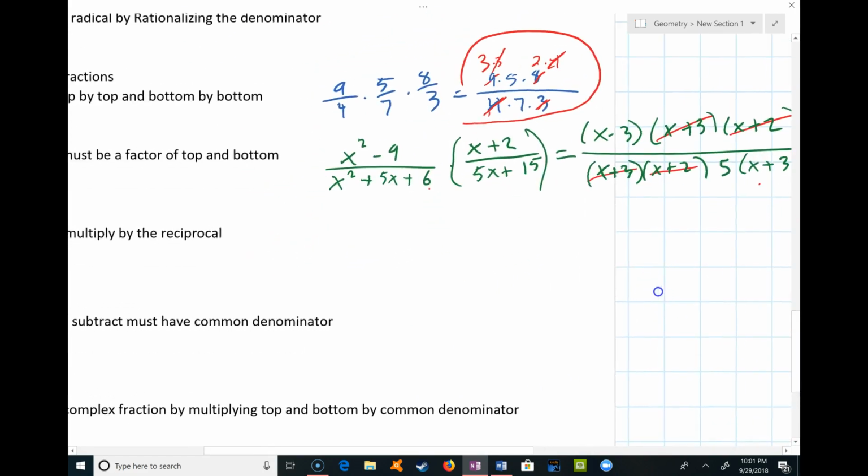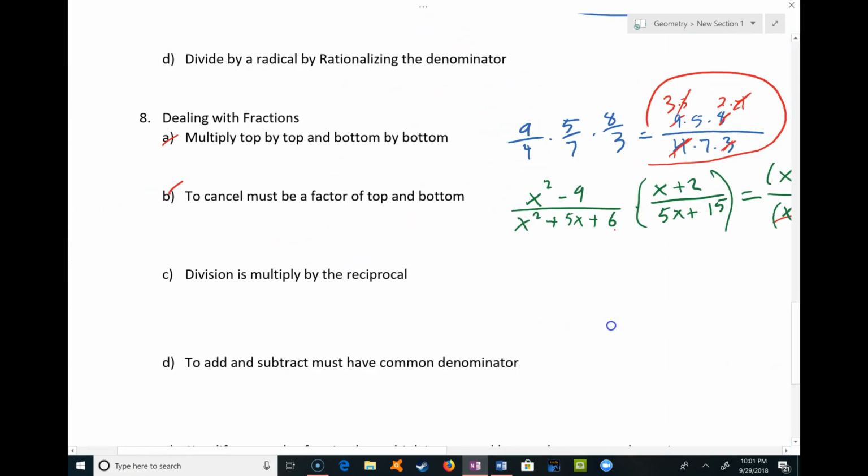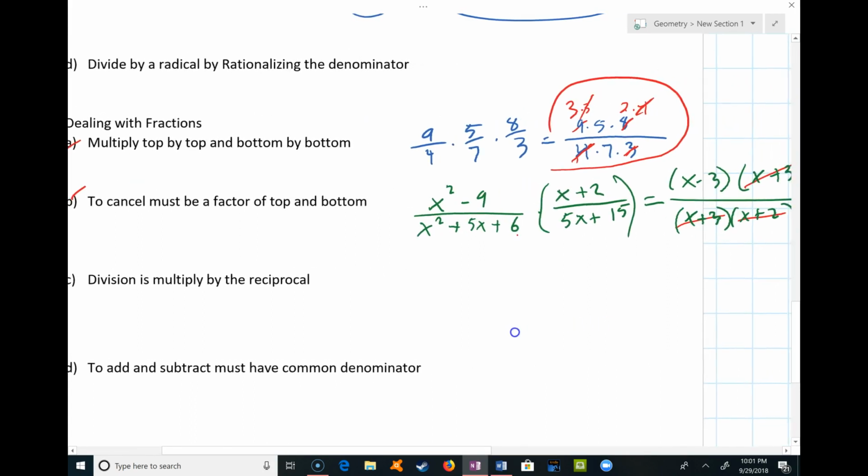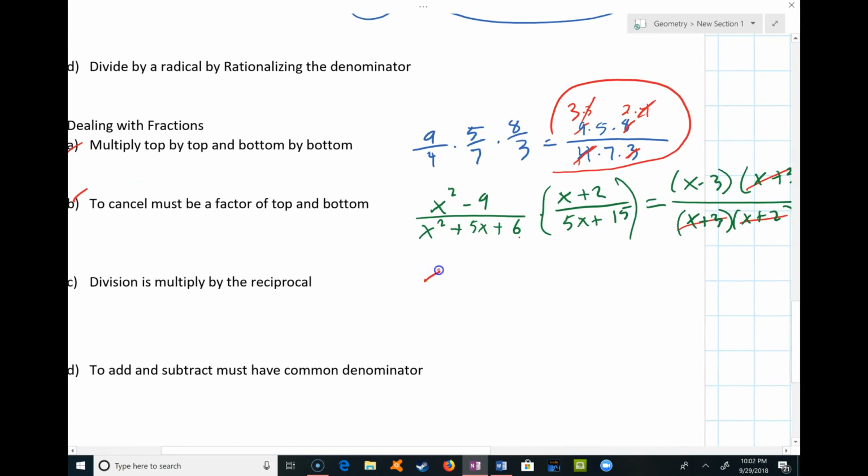Okay. And of course, the same idea applies to division. If I have, for example, x squared minus 4 over x squared plus 4x plus 4 divided by x minus 3 divided by x plus 2.